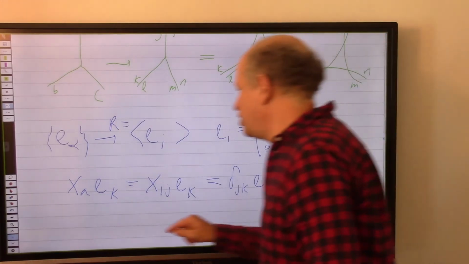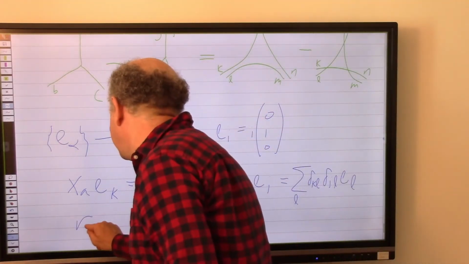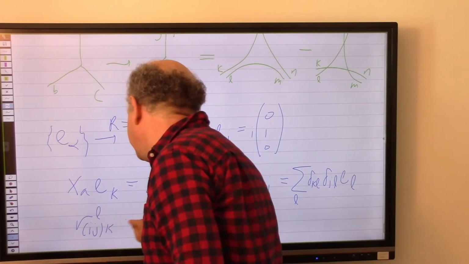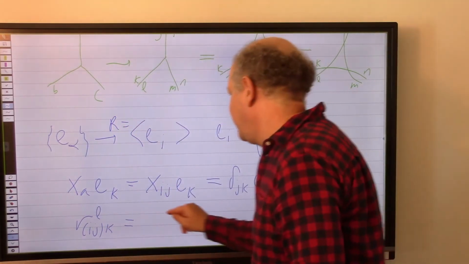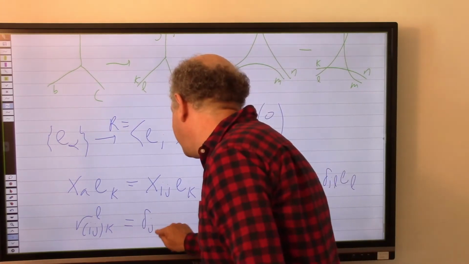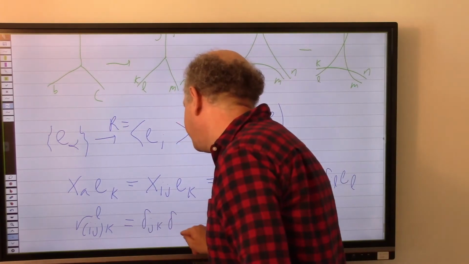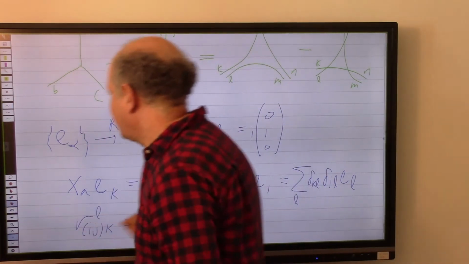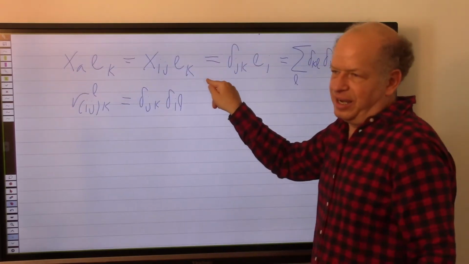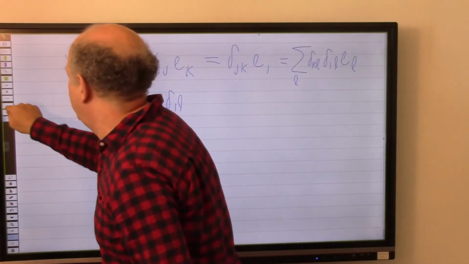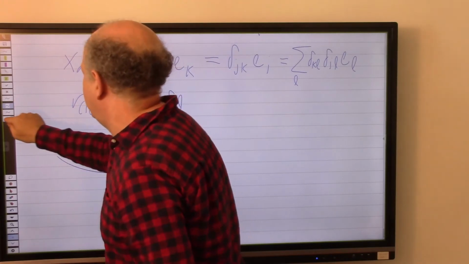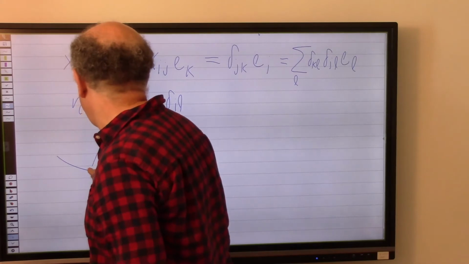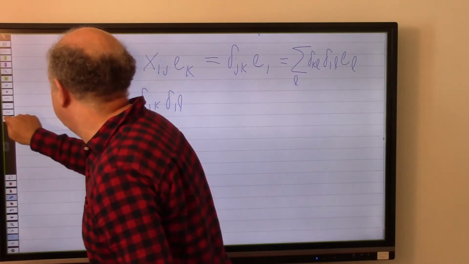So the conclusion is that R Ij KL is equal to delta JK delta IL. And now I have my lovely conventions. So if I wanted it to be green.